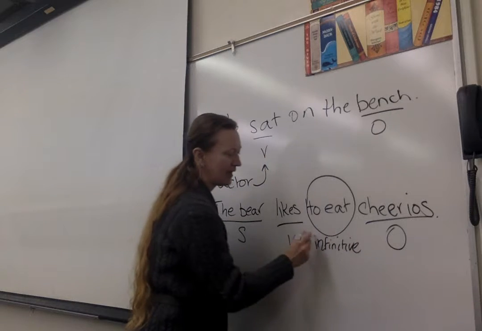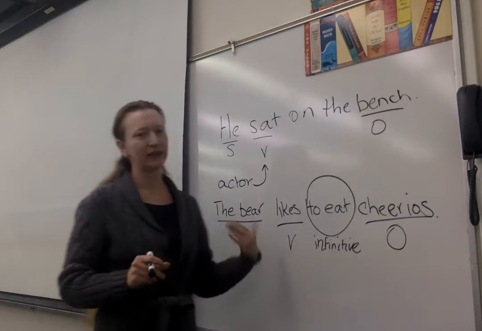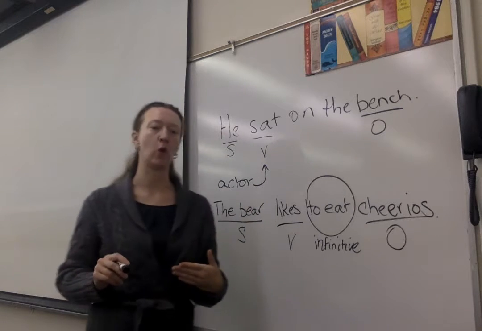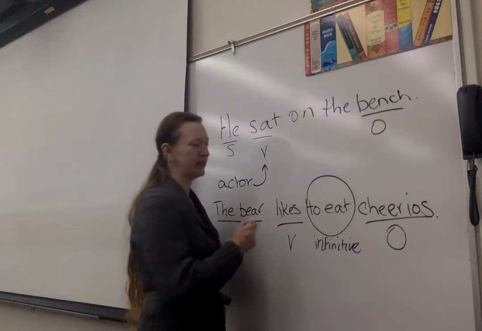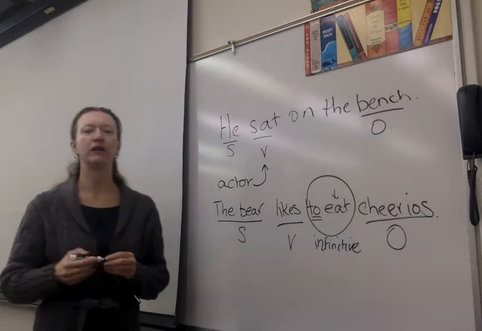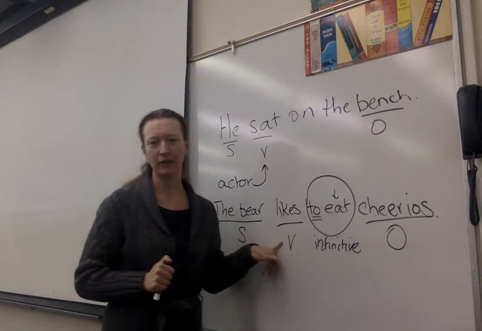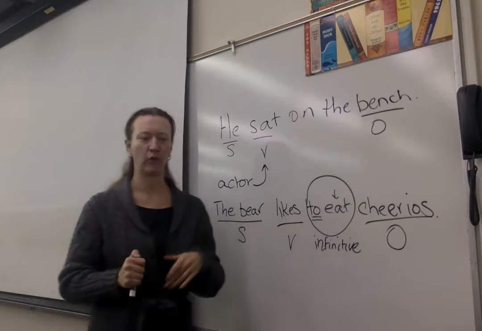In other words, it is not conjugated. It doesn't have a tense. And so technically it is not part of the verb form. So anytime you see to before something that you think of as a verb, you're very likely looking at the infinitive form of the verb, and it will not be counted as part of the verb form.